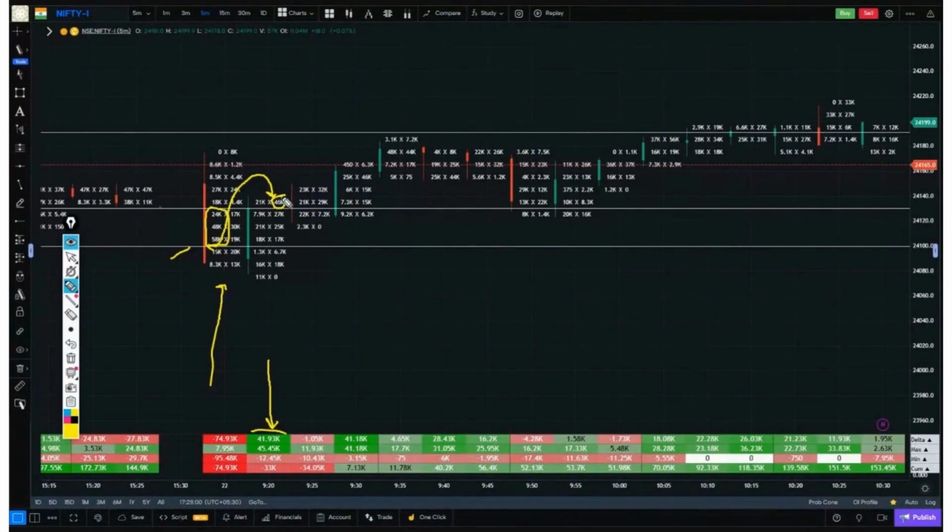And where did this buying activity occur? In the selling zone of this candle. Breaking through that, buying activity occurred here. Okay, let's wait a little more. The next candle is a neutral candle, but the price held above this selling zone. In the next candle, there was another buying activity, and this is the buying zone.